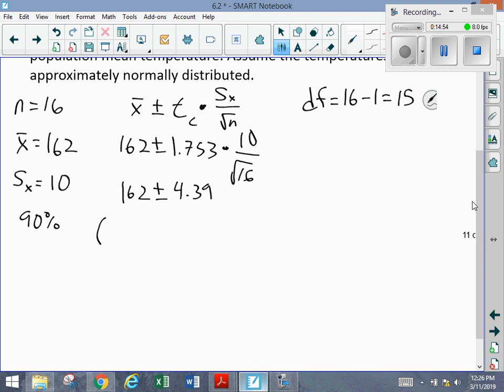So in order to construct my interval, it's the same as we were doing before. I'll do 162 minus 4.39, comma, 162 plus 4.39.